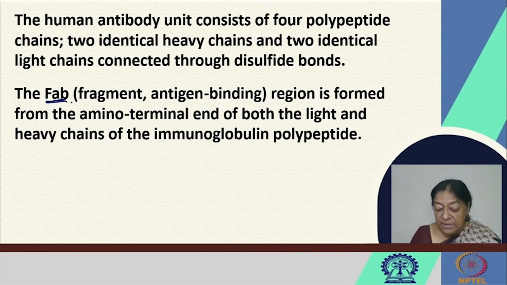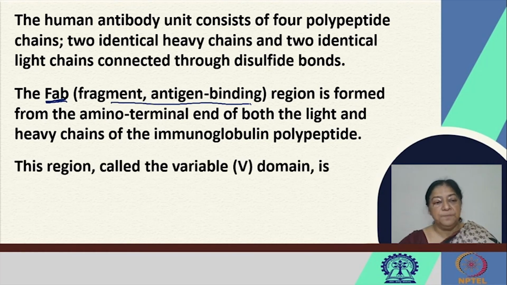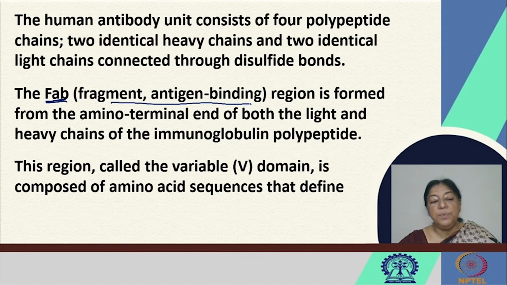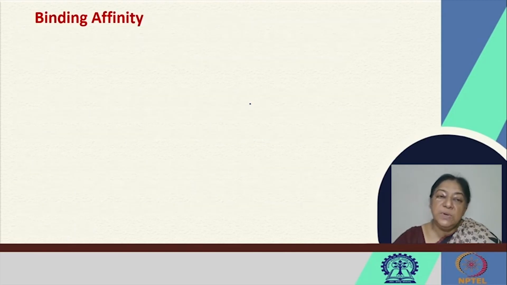We have the FAB, the antigen binding fragment, formed from the amino terminal, as we saw in the previous figure. This region is called the variable domain, and it is composed of amino acid sequences that define each type of antibody and its specific binding to an antigen.